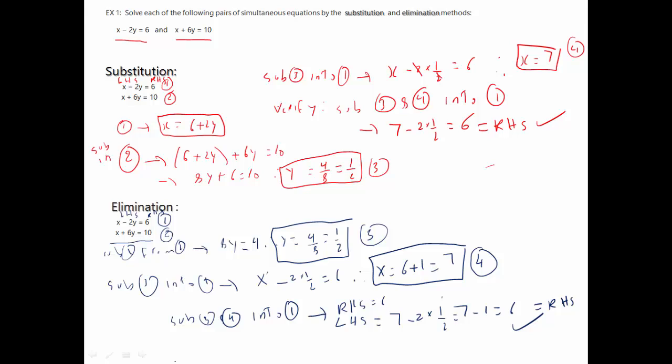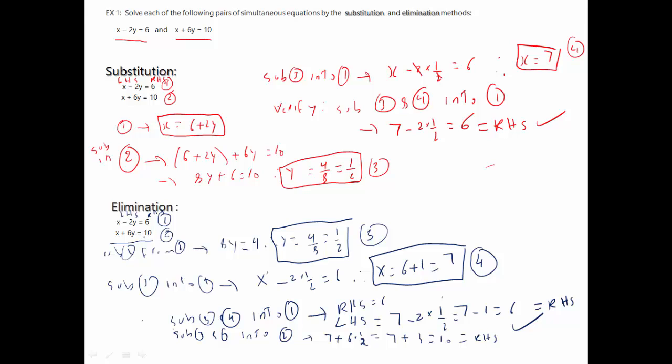Now I'll also show you, had we substituted 3 and 4 into the second equation, that would give us x equals 7. 7 plus 6 times half, this is the left hand side, equals 7 plus 3 equals 10, which is indeed what the right hand side in equation 2 is.